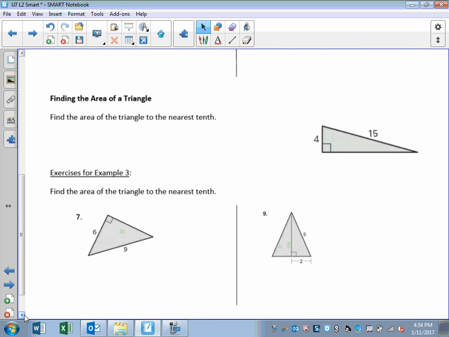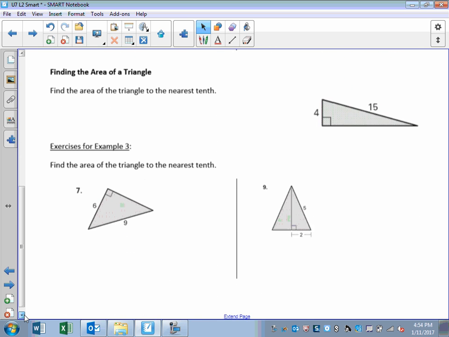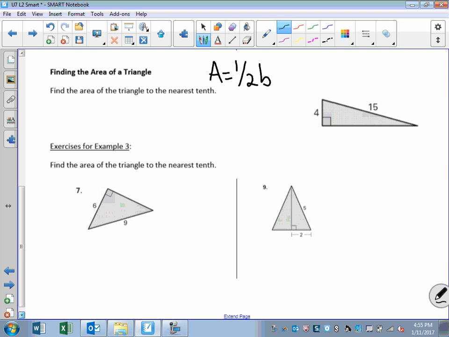Okay, so now we're going to practice finding the area of a triangle, which I'm sure you guys remember. If not, here's your refresher. That area, big A, the equation is 1/2 times the base times the height. So the two things we're going to need to find are the base and the height.